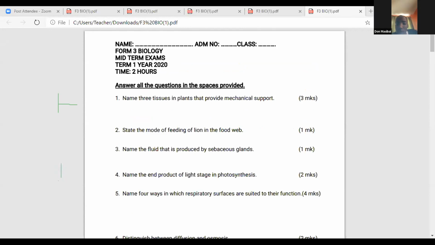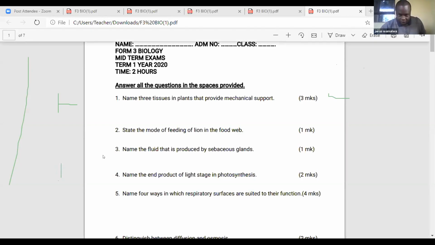Which mode of feeding is that of the lion in the food web? Is it the secondary consumer? Oh, very right. When you talk about secondary consumer, that's the feeding level, the trophic level. So we can talk about secondary consumer as the trophic level, it's right. But we are asking about the mode.